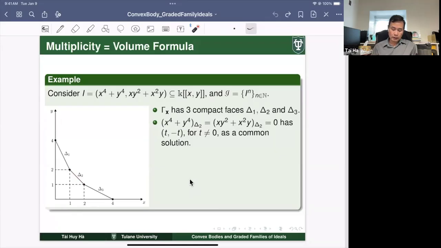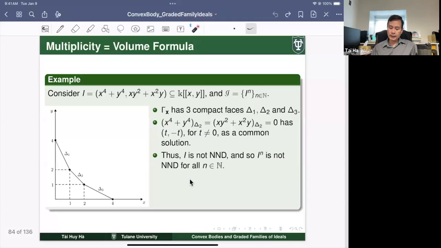For x squared y, actually, sorry, you get this one and this one. So you get the same thing. But this system of equations has t, minus t as a common solution. And you can take t to be any non-zero value. So it violates the condition for being Newton non-degenerate, because the system has a non-trivial common solution.